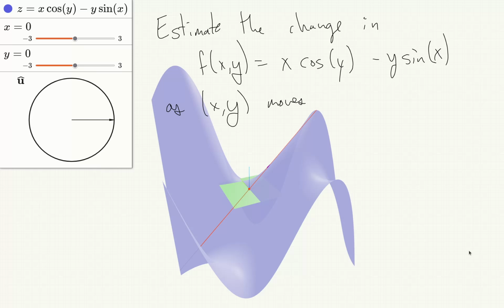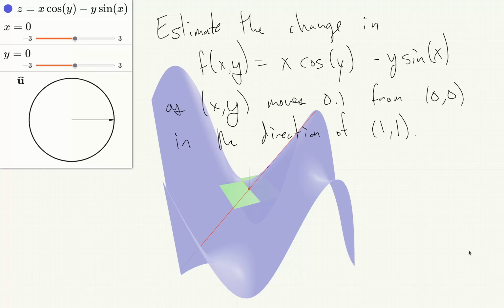moves 0.1 units from the origin, in the direction of (1, 1).